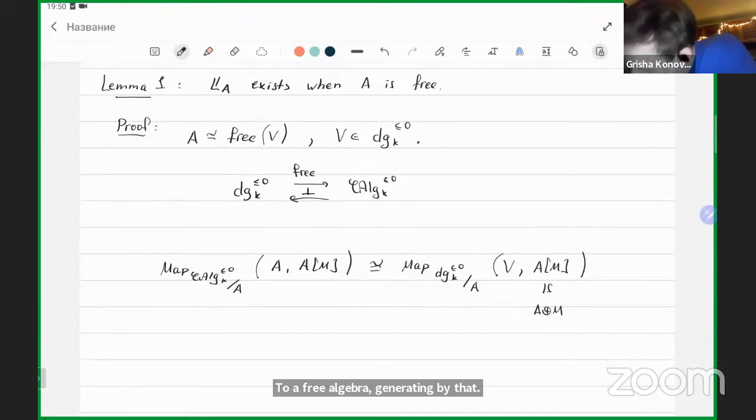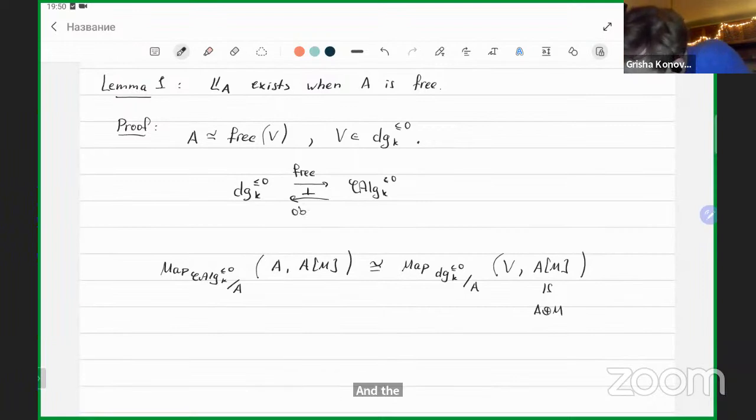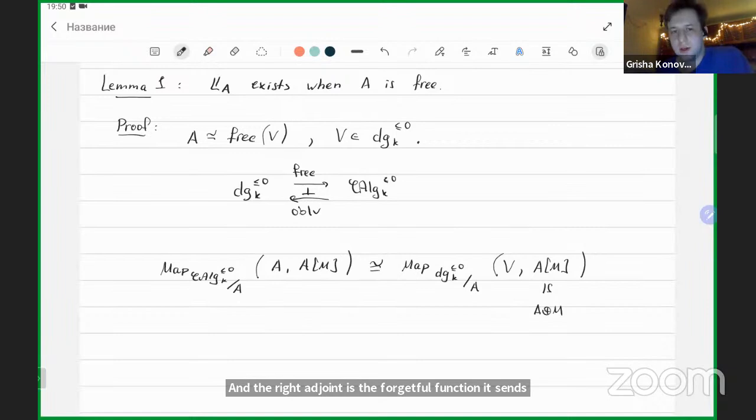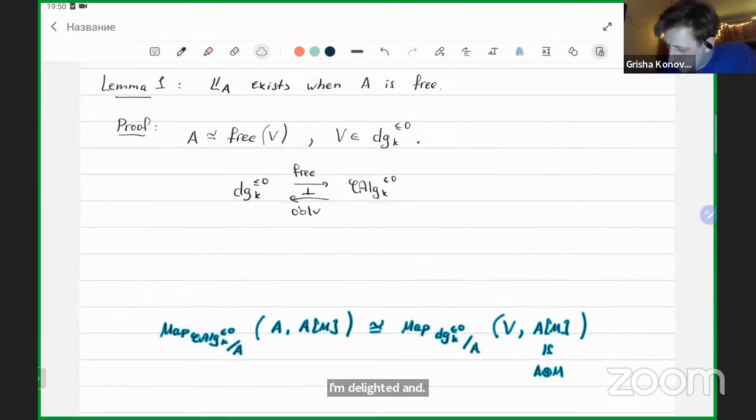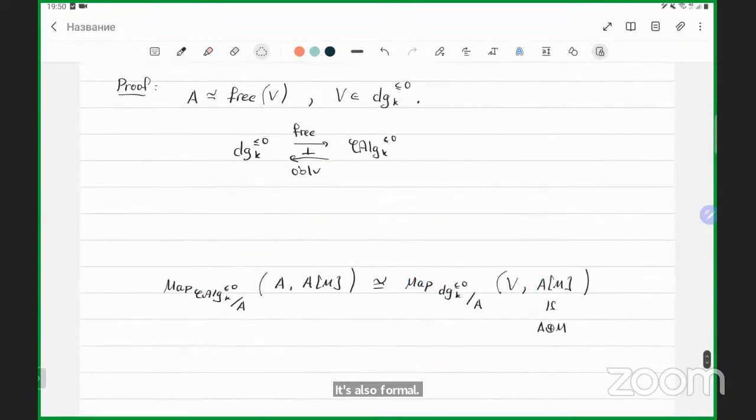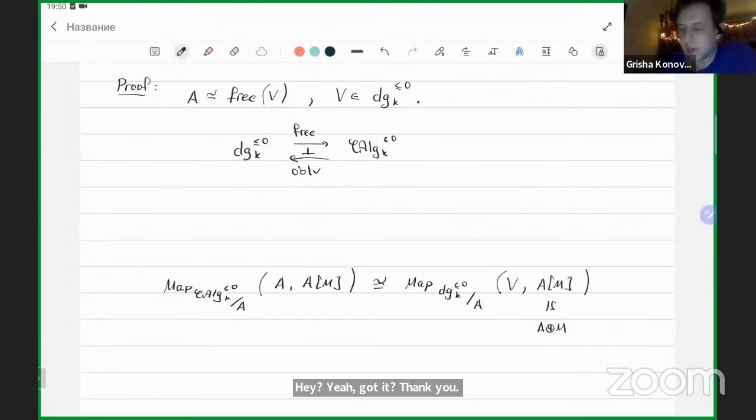And the right adjoint is the forgetful functor. It sends an algebra to the underlying complex of the algebra. And it's also formal. Yeah, got it. Thank you. Yeah, thank you for the question.